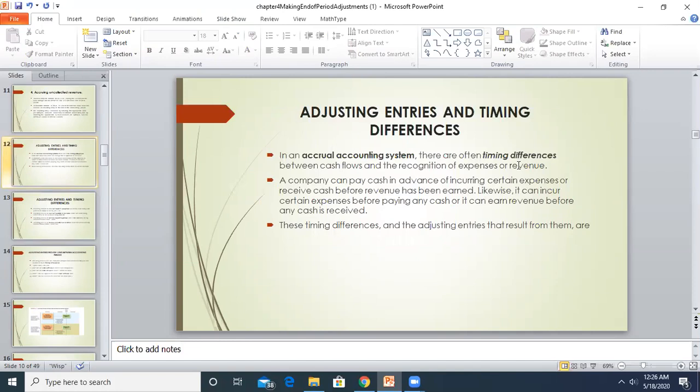Because of this timing difference we have a rising need for adjusting entries. So a company may pay cash in advance of incurring certain expenses or receive cash before revenue has been earned. Likewise, it can incur certain expenses before paying any cash, or it can earn revenue before any cash is received.